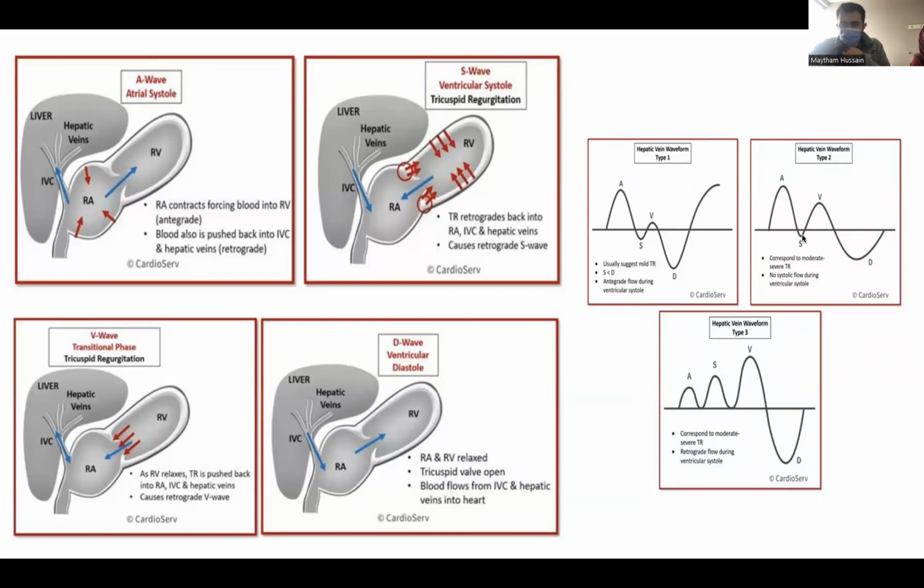And that's when you start seeing this shrinking of the S wave. And then when it's severe to a certain point, you'll get complete reversal of the hepatic waveform here, where the S wave is giving you a negative deflection.